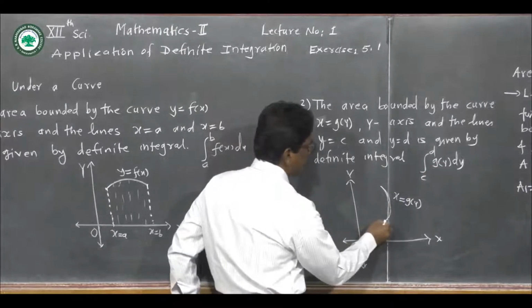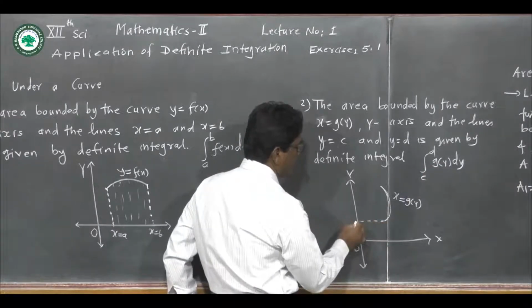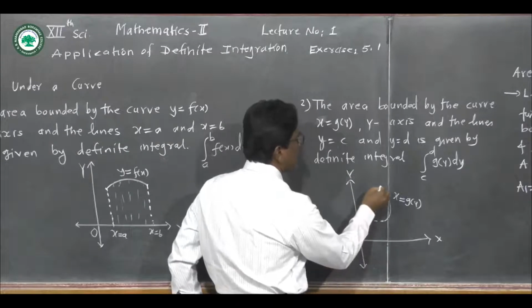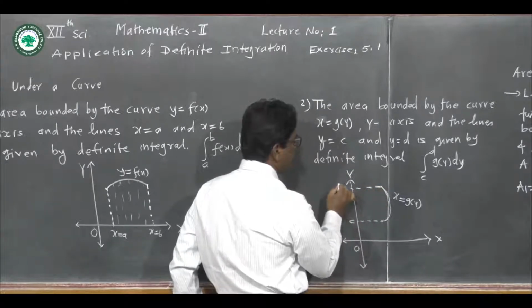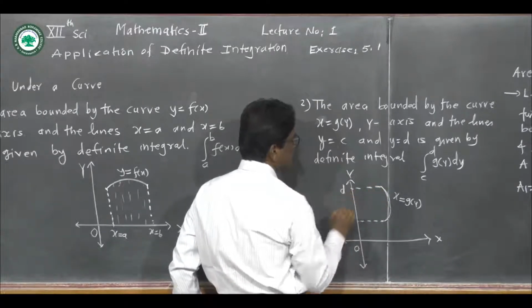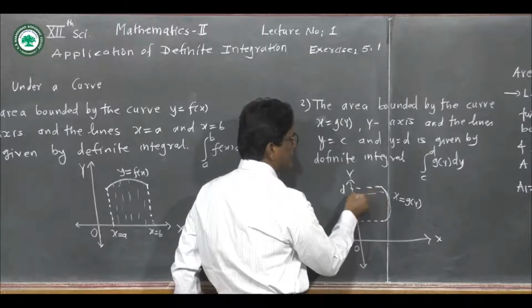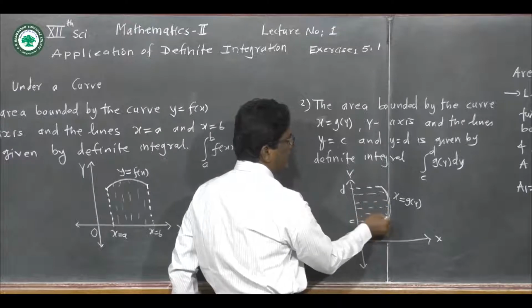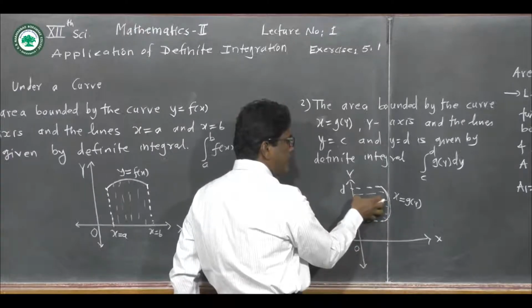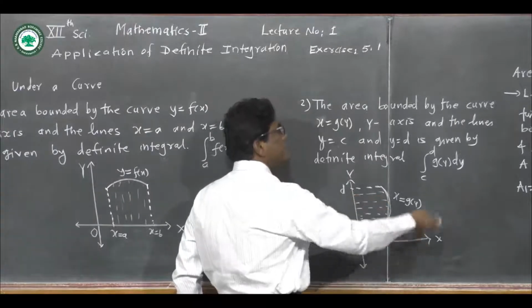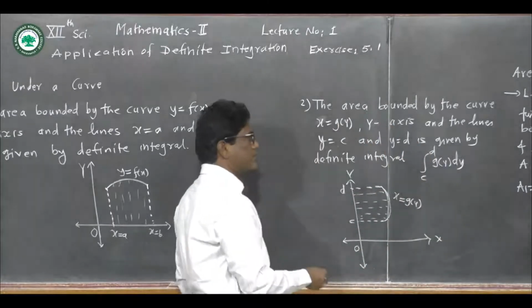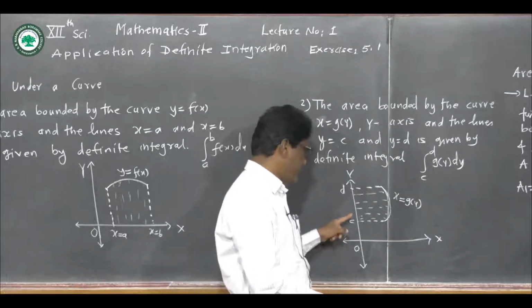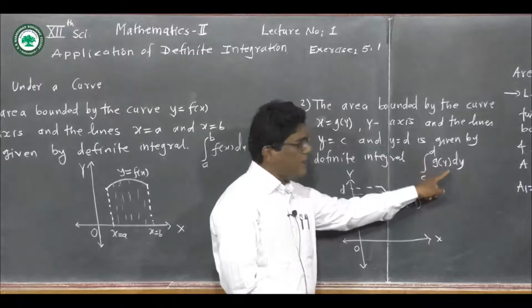Suppose here y is equal to c, and here y is equal to d, and we want to find the area under this curve x is equal to g of y, and this area we find using the definite integration from c to d, g of y dy.